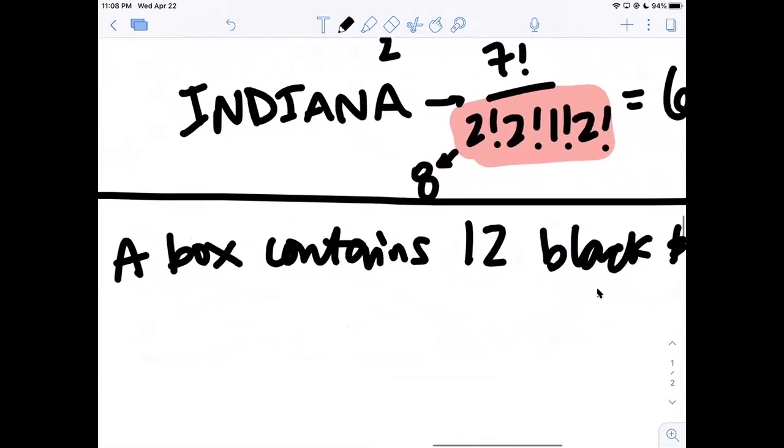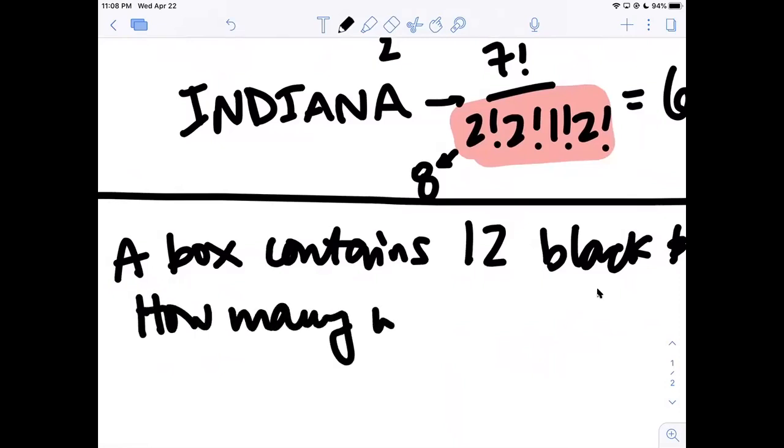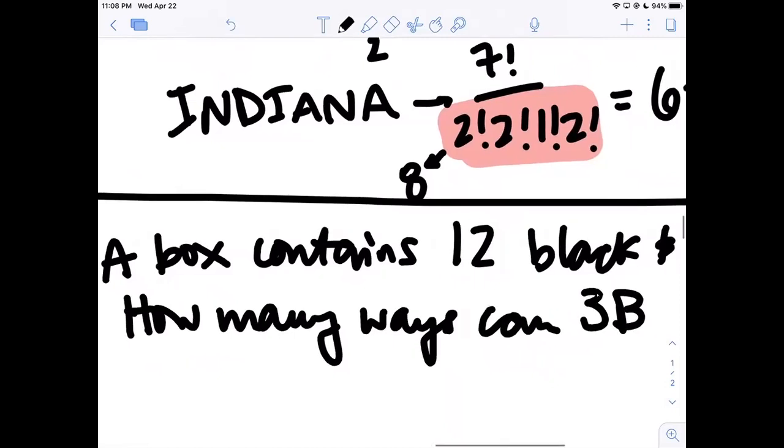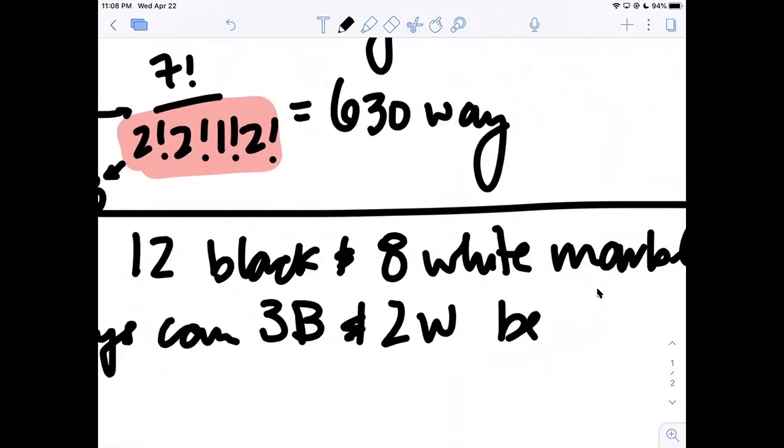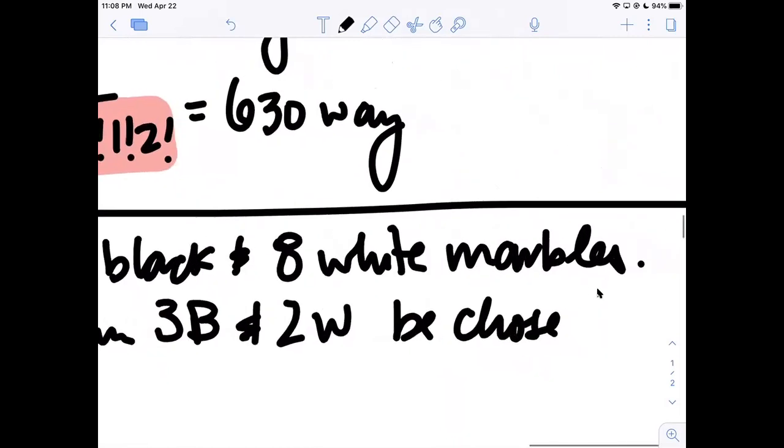And I could ask you a billion questions about these, but we'll just say, how many ways can 3 black and 2 white be chosen? It does not say 3 black and then 3 white. It just says, if I reach in, how many ways can I get 3 black and 2 white?